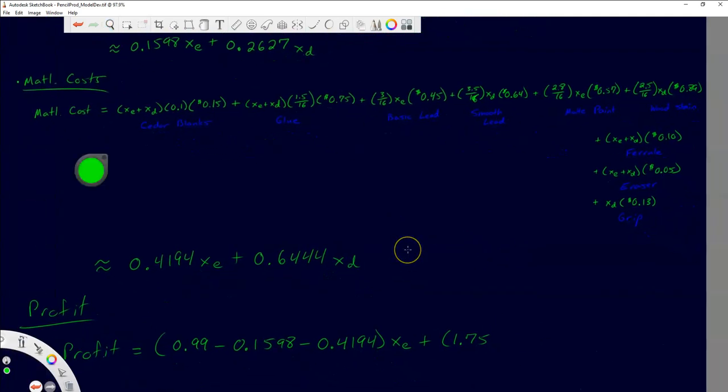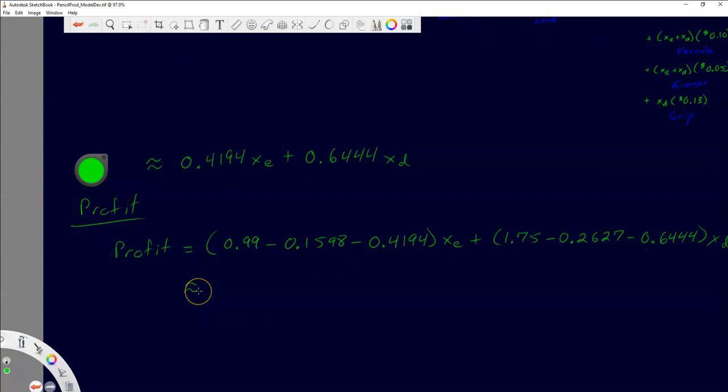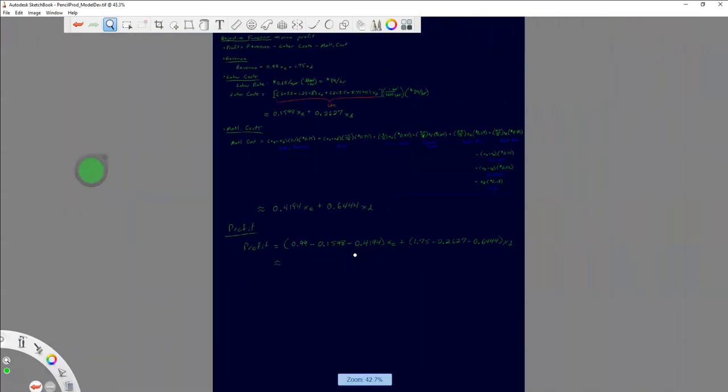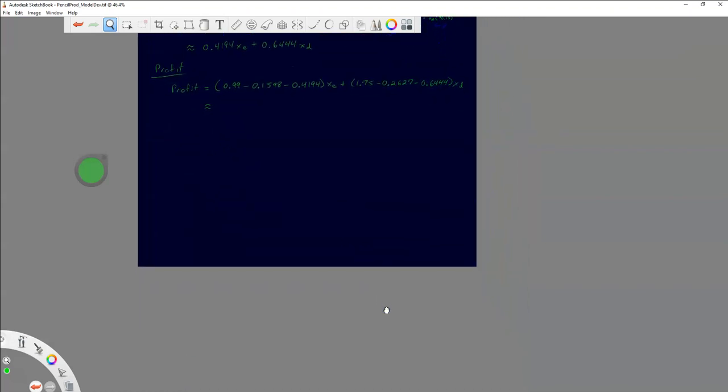Labor cost is 0.2627 after the decimal place. And then the material cost is 0.6444 x sub d. And again, I can reduce this down to a sum of a coefficient times x sub b and a coefficient times x sub d.